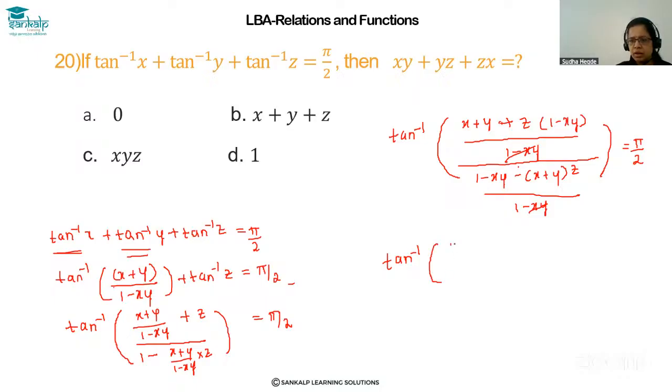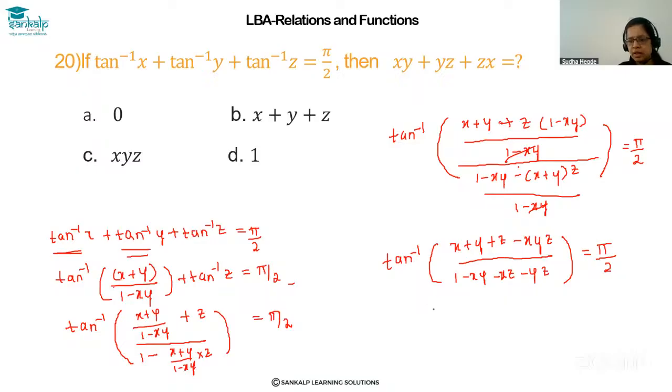Simplify further. x plus y plus z minus xyz, correct, whole divided by 1 minus xy minus xz minus yz is equal to pi by 2. Now move this tan inverse to the other side.